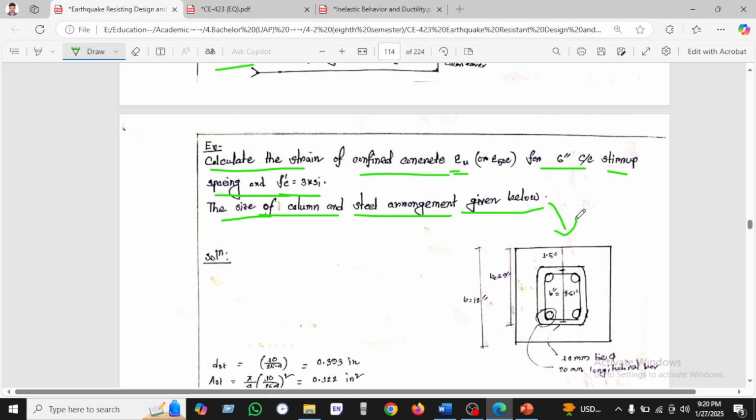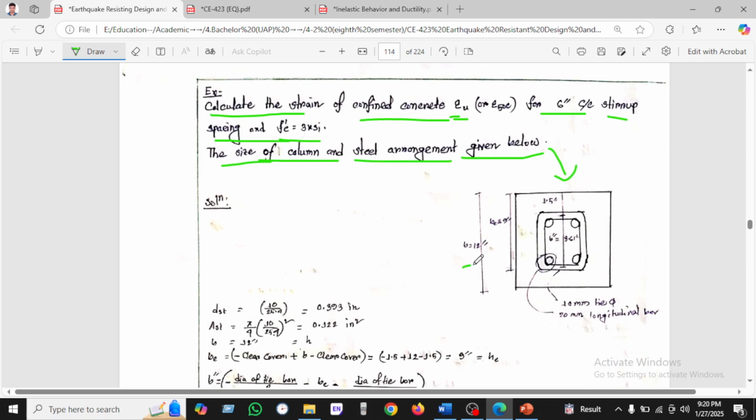That means here B is given, which is 12, and D is also 12, and 9, and 1.5 is given from the outer dia to the middle of the point, and B is given 8.6 inches square. And we can see here that a 10 millimeter tie is used, and the main bar is 20 millimeter longitudinal.